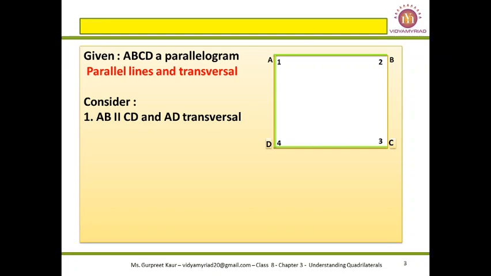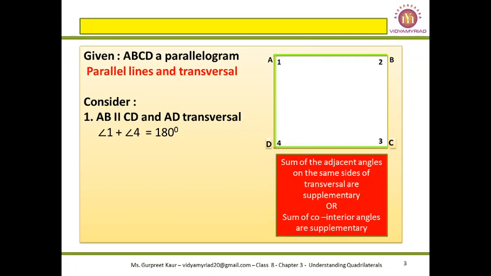Look at the interior angles over there, angle 1 and angle 4 on A and D. We will say that angle 1 plus angle 4 is equal to 180 degrees, and the reason is that the sum of the adjacent angles on the same side of the transversal is supplementary, or we can also say the sum of co-interior angles is supplementary.